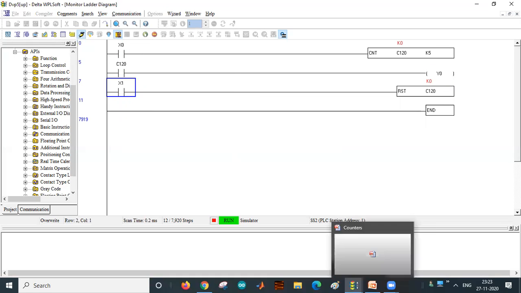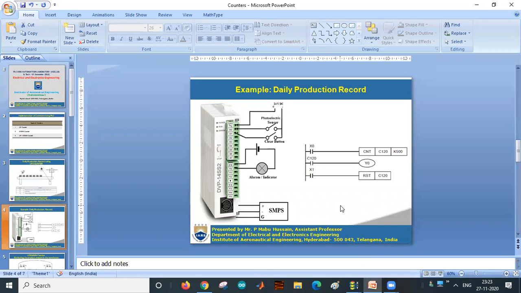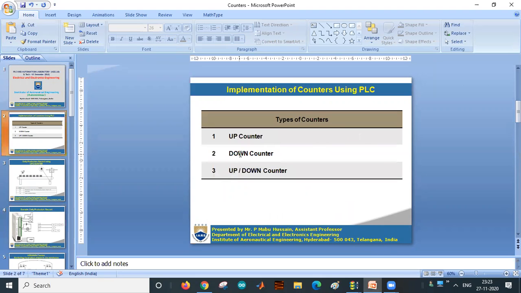So this is about the up counter, which is used in the daily production industry to record the number of products produced in a day. Right. So what is the second counter? Down counter. As I said before, the down counter alone cannot be used in any application.